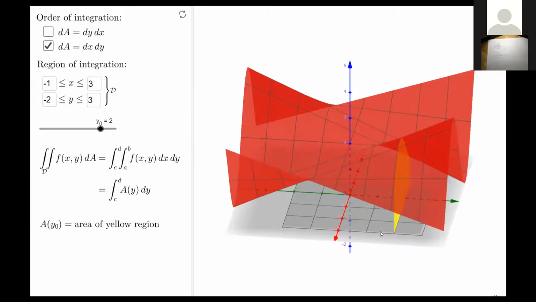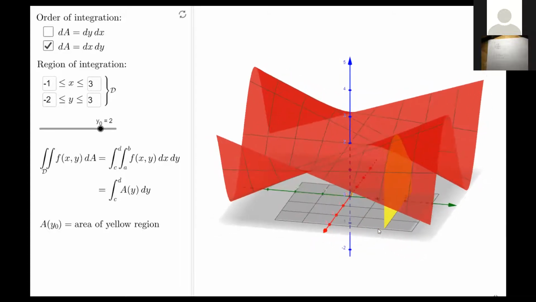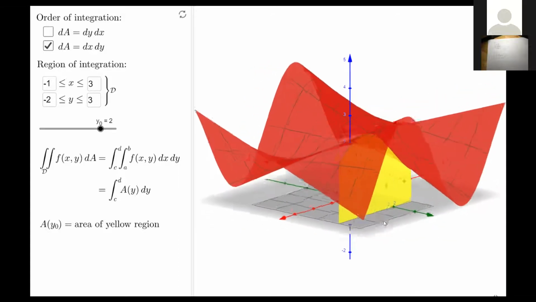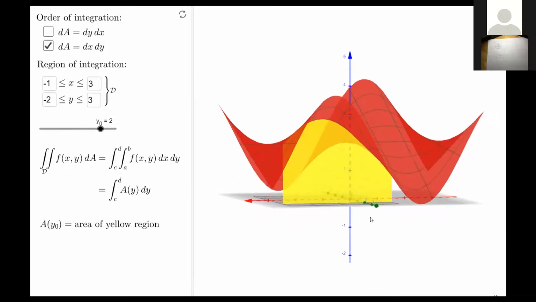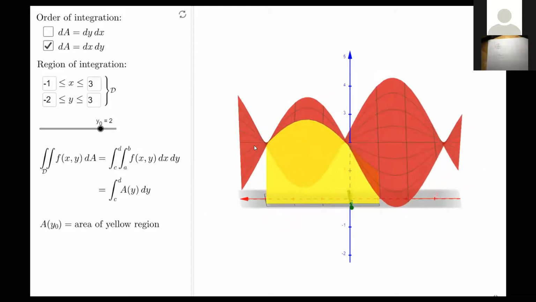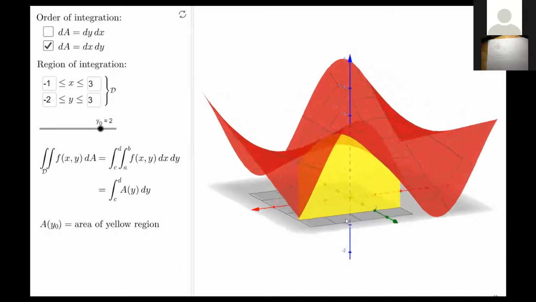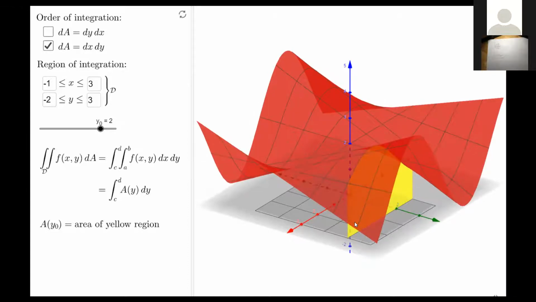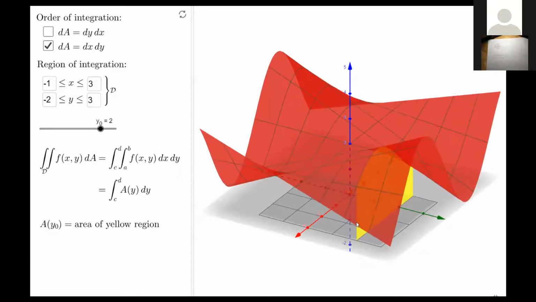If I take y as a constant, for each constant y, I get a plane parallel to the xz plane, right? So for each of them, what do I get? I get nothing else but one-dimensional area under the curve on the interval defined in terms of x, right?